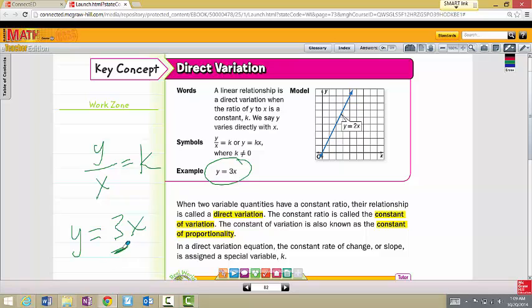And that number is k, or your slope. Whatever number is in front of that x is equivalent to your slope, your k, your constant rate of change, your constant of proportionality.